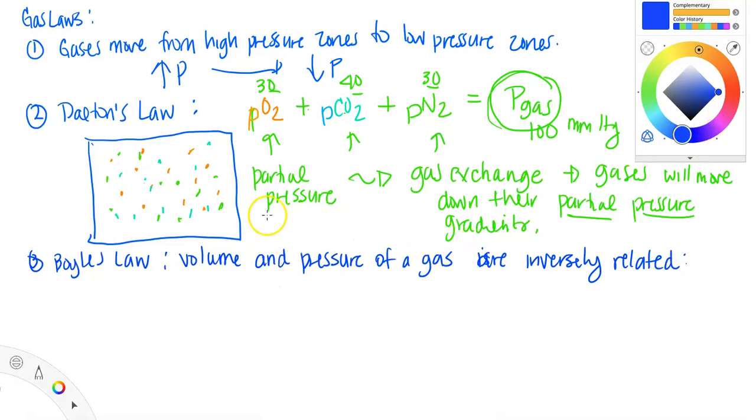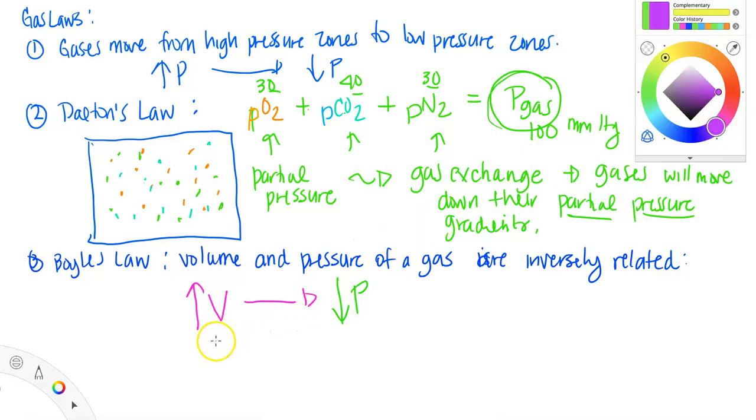So what does that mean? So if the volume of the gas is high, then the pressure will be low.